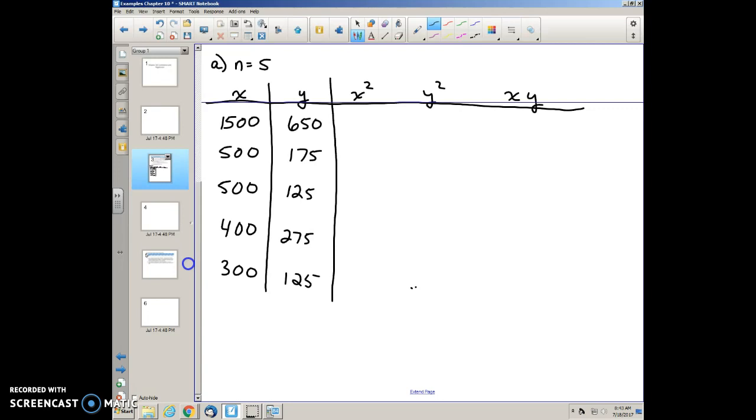Okay, I'm going to do the first row across, and then you do the rest of the rows the exact same way, but the video will pause after I do the first row, and then the rest of the table will just be completed up until where we need to add the columns. So first we have to do x squared. So 1,500 squared.